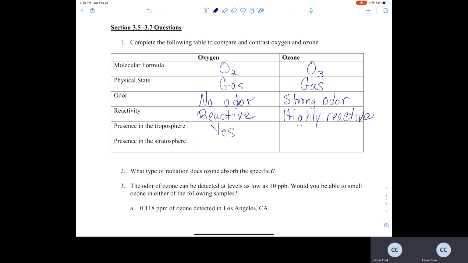You have oxygen in the troposphere, of course, and you rarely see ozone in the atmosphere. The troposphere is part of the atmosphere. When ozone is present in the troposphere, it is an air pollutant. So in cities that have high air pollution, they'll have ozone.